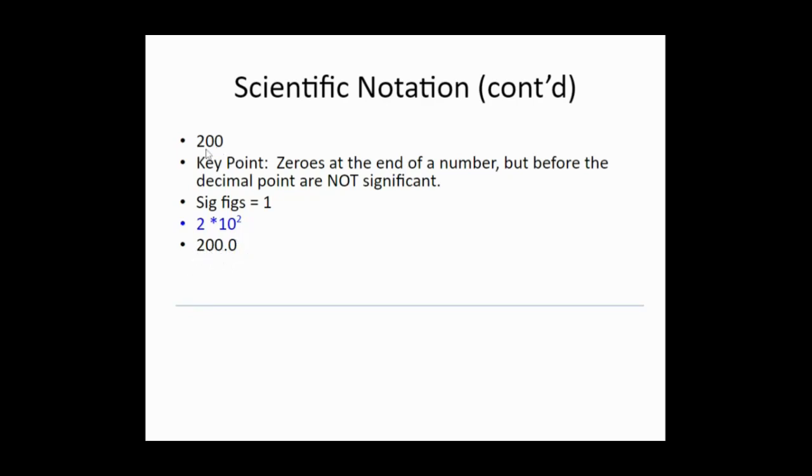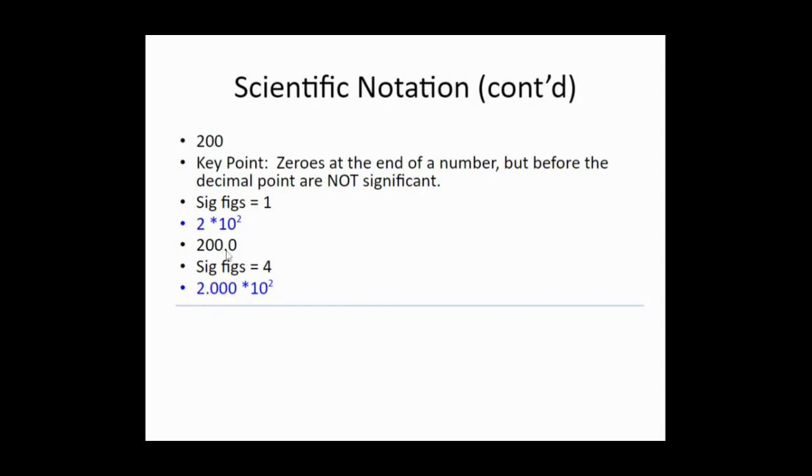Remember, this only had one sig fig, just the two. These zeros are not significant. This actually has 4 because these zeros are all significant. These come between a numeral and a decimal point, and this one after the decimal point. So these 3 zeros and the 2 are all significant in this number. To write it in scientific notation, we actually keep all four significant figures.